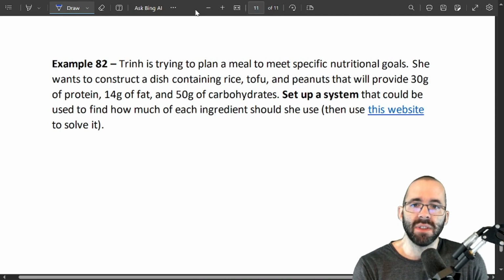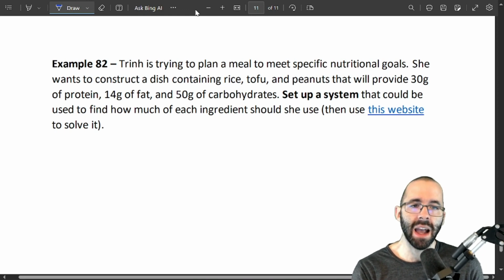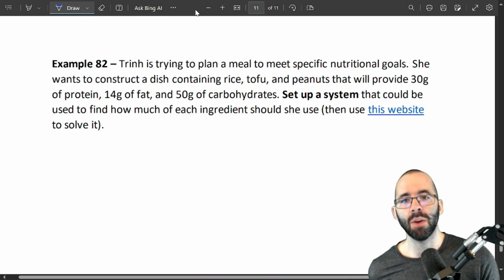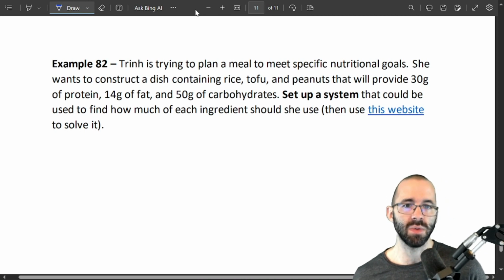So example 82 says, Trin is trying to plan a meal to meet specific nutritional goals. She wants to construct a dish with rice, tofu, and peanuts that will provide 30 grams of protein, 14 grams of fat, 50 grams of carbs. Set up a system that can be used to find out how much of each ingredient she should use.